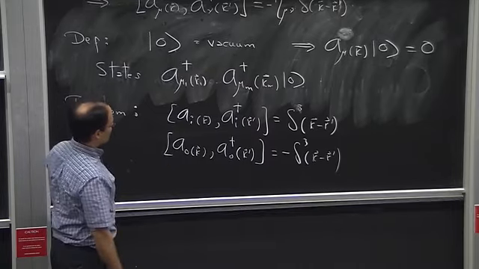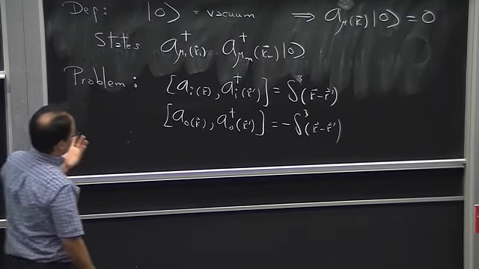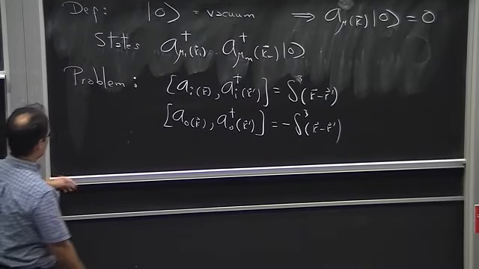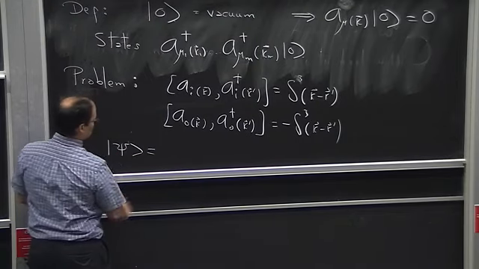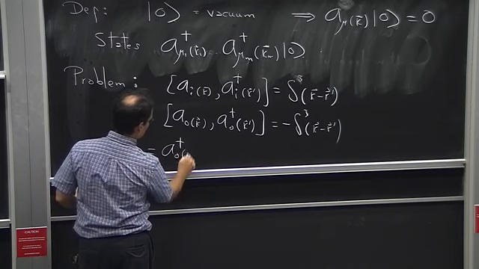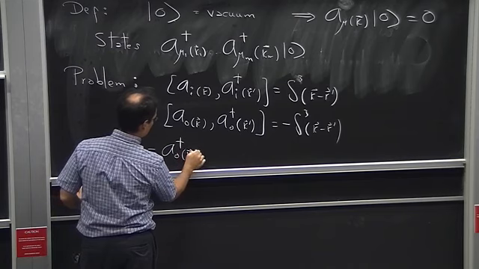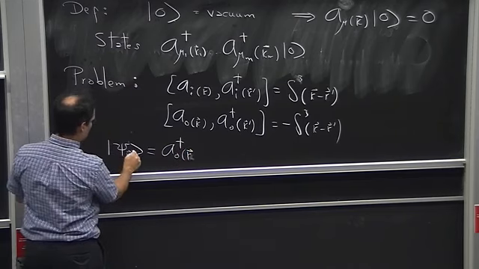So if you have this minus sign, something weird might happen. Well, let's see what could happen. So create a state by using your creation operator. Okay, let's call this k.